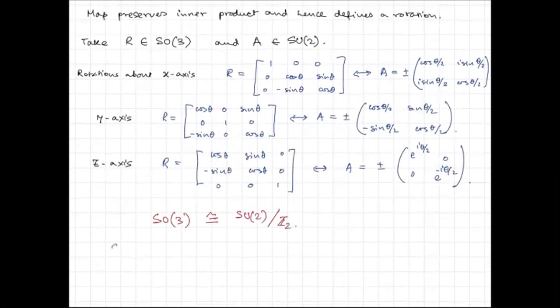And SU2 is the double cover of SO3. It is the universal covering group of SO3 for sure. But in addition to that, each element, you have two of these.